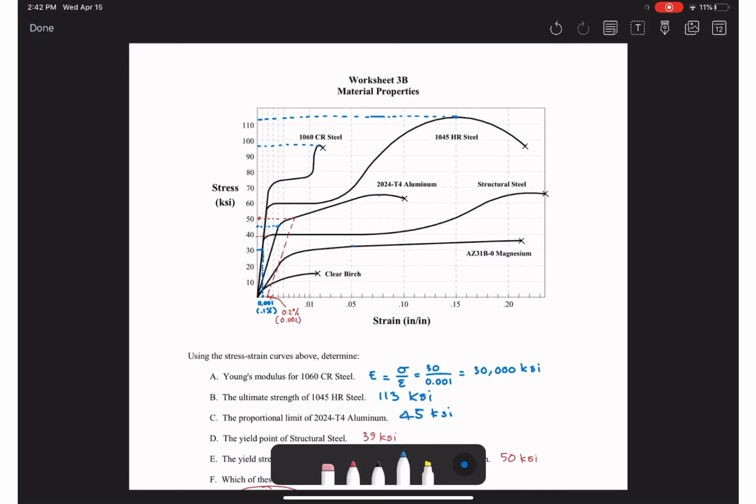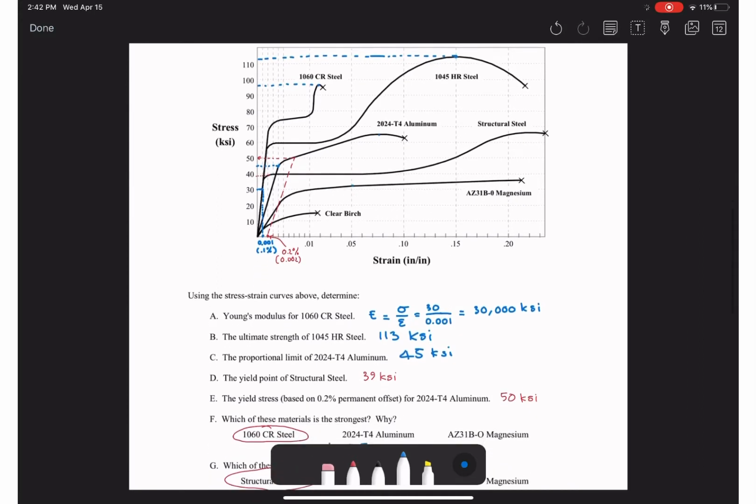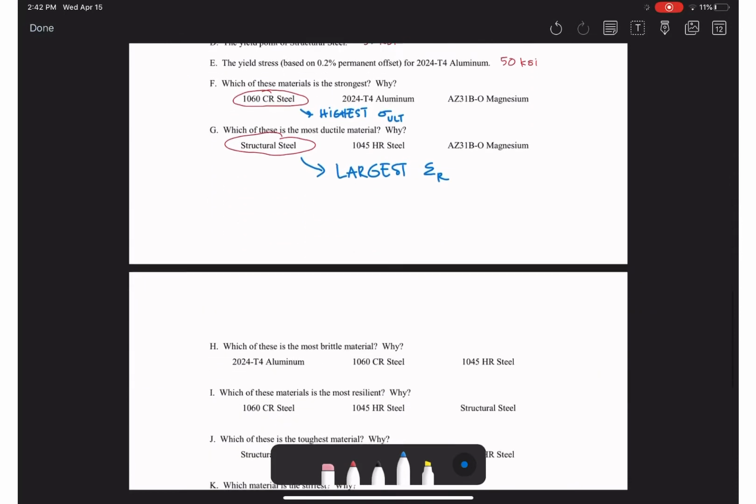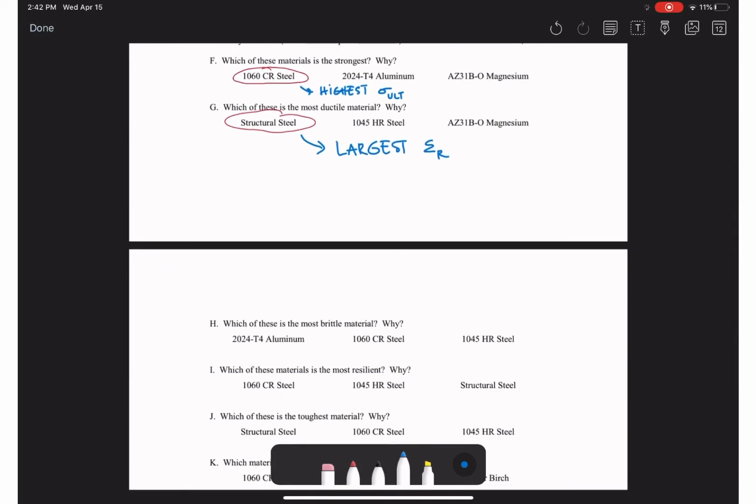So up here, from that we can say that it should be the 1060 CR steel. Why? Because that is the smallest rupture strain.